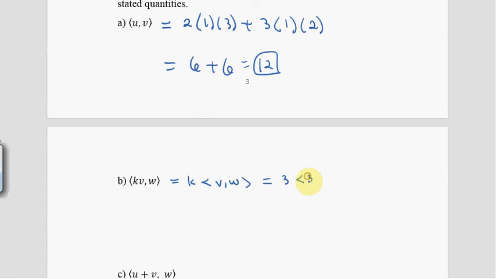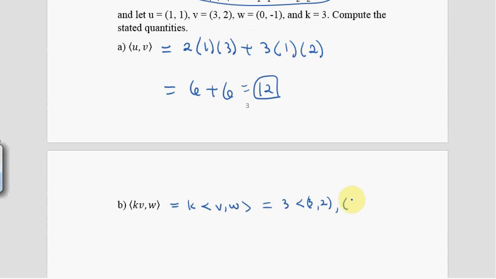That's 3, 2, and then W is 0 and -1. So this is 3 on the outside, and then that inner product is 2 times the product of the first components, 3 times 0, plus then it's 3 times the product of the second components, 2 times -1.